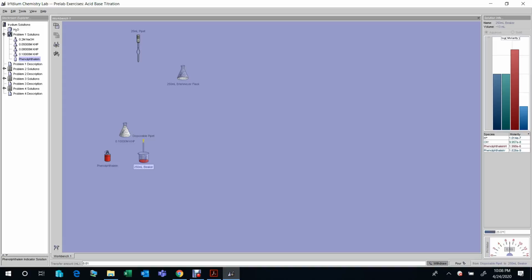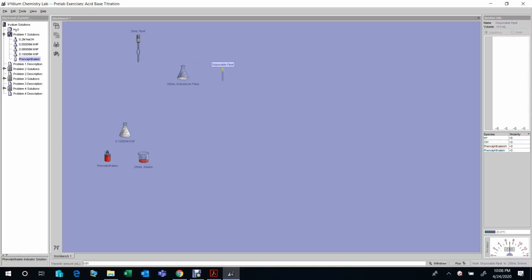And then withdraw. And then we pour this here. Just now we withdrew 0.01 milliliter, and now we pour 0.01 milliliter.